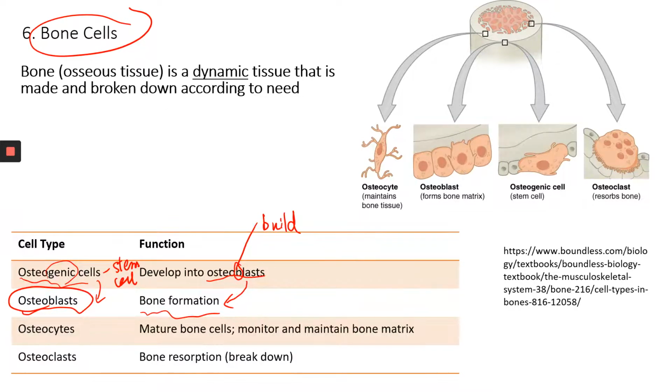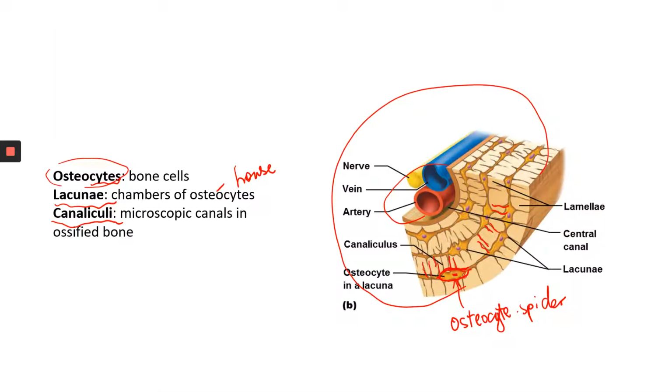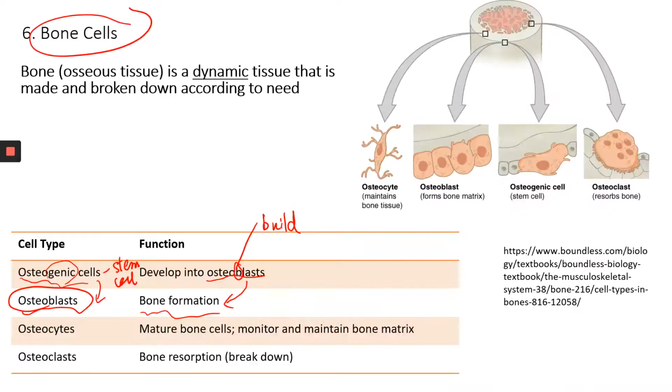If you remember that we actually looked at osteocytes not long ago, right, over here. They live in lacunae, right, in between the lamellae, the concentric ring structures. So the osteocytes are mature bone cells. They actually come from osteoblasts. So as the osteoblasts synthesize the bone matrix, eventually they surround themselves with the bone matrix and they're not going anywhere.